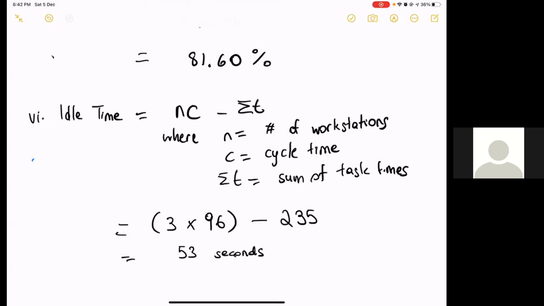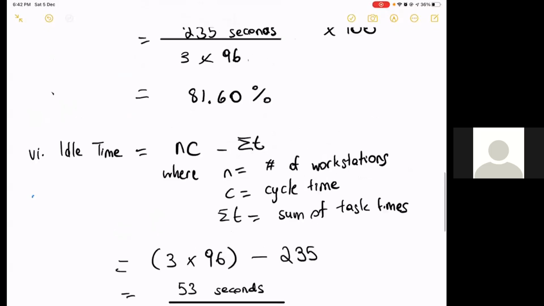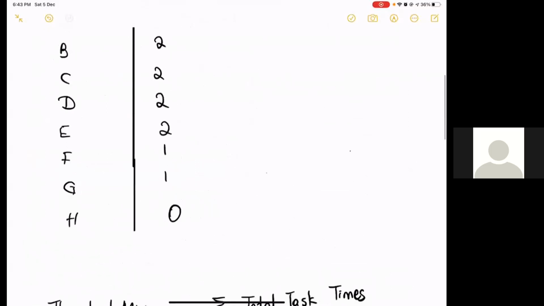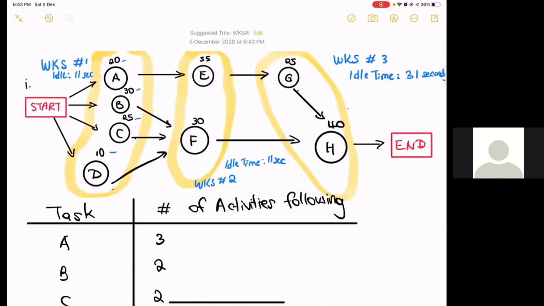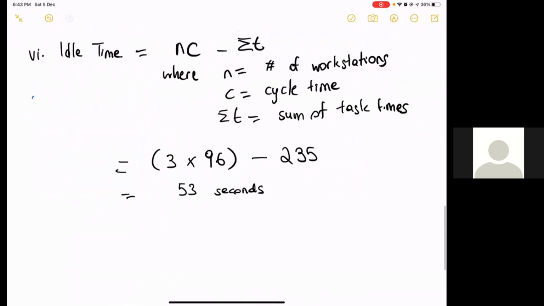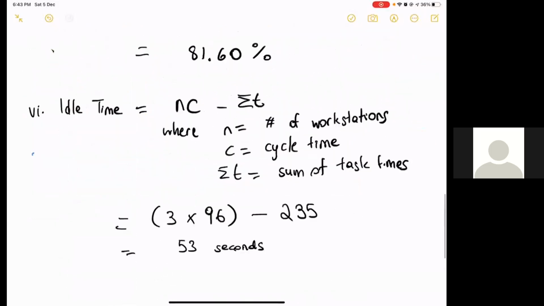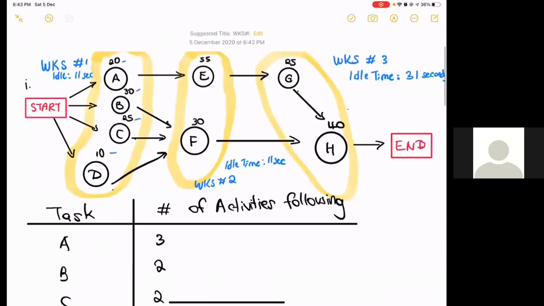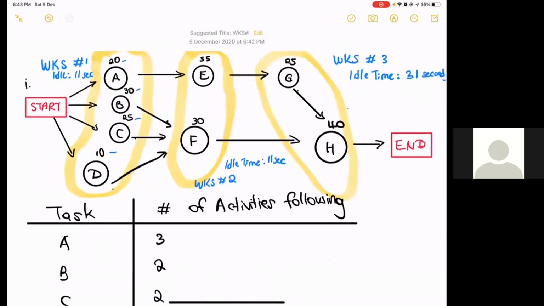Based on this 53 seconds, we can also scroll up back to our diagram and check our system. We will know that we allocated the workstations properly if the idle time calculated using the formula is equal to the idle time calculated by summing the idle time of each workstation.